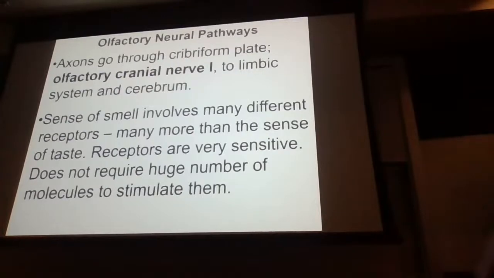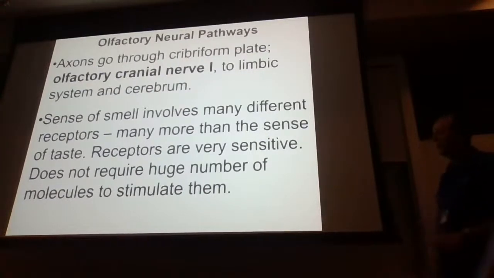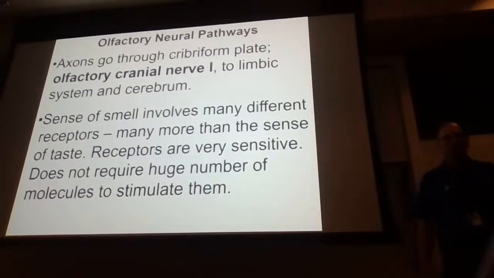So cranial nerve 1 is in the olfactory bulb, and is associated with the sense of smell. When we get to our last section, you will learn all 12 pair of cranial nerves. But now you know the first one already.